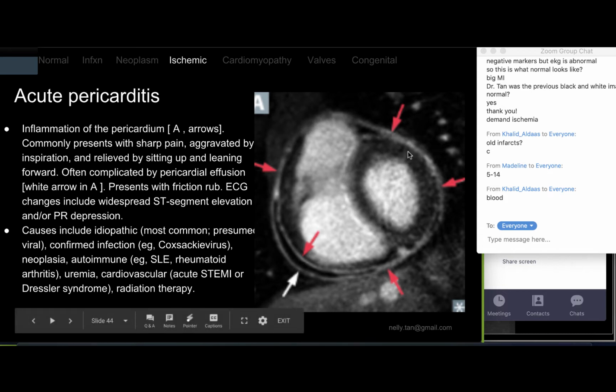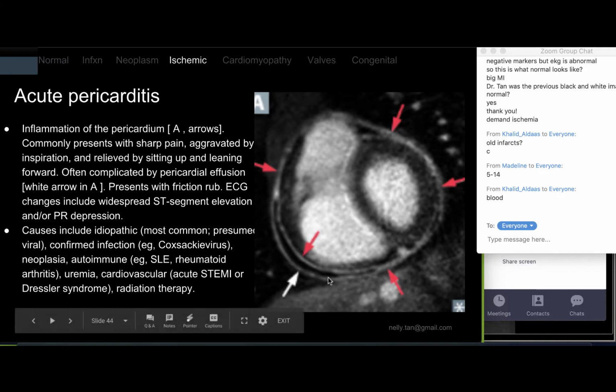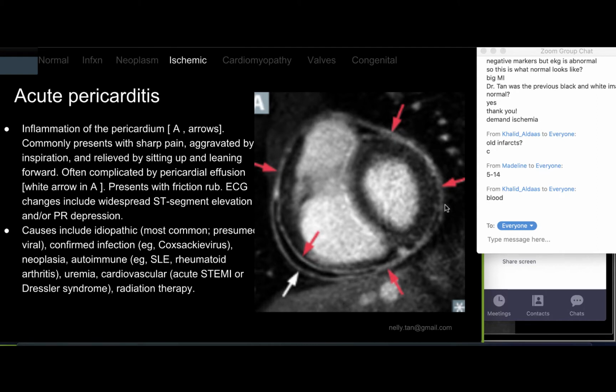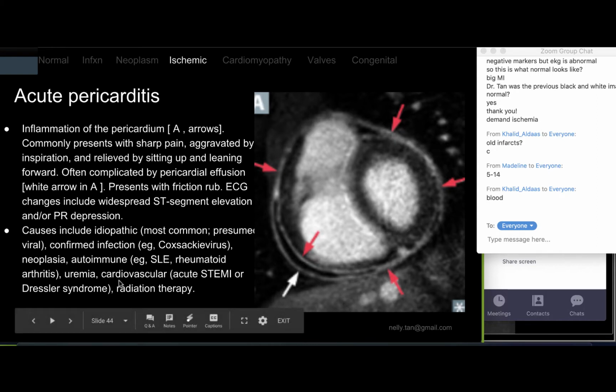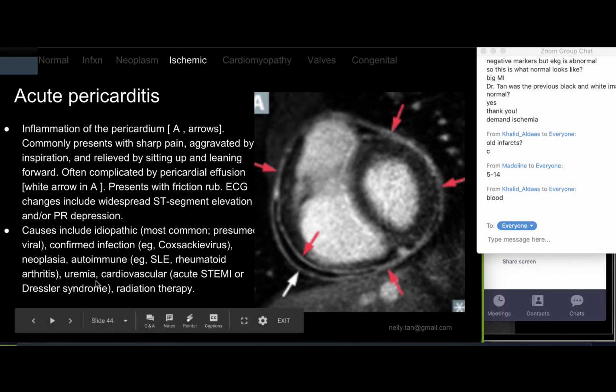This is with contrast, gadolinium, and there's a little bit of effusion here between the visceral and the parietal. So this is acute pericarditis. And as I said, there are different causes depending on the patient's clinical context. Uremia, so patients with ESRD can also develop pericardial effusion. No, we said MI already.